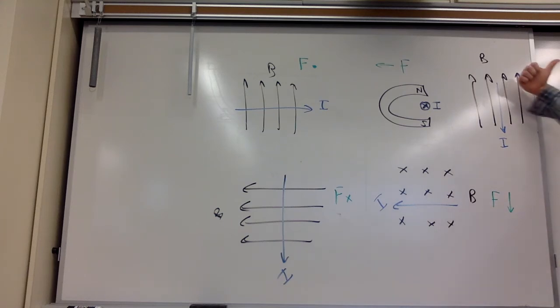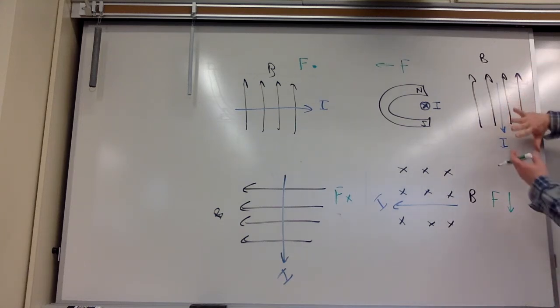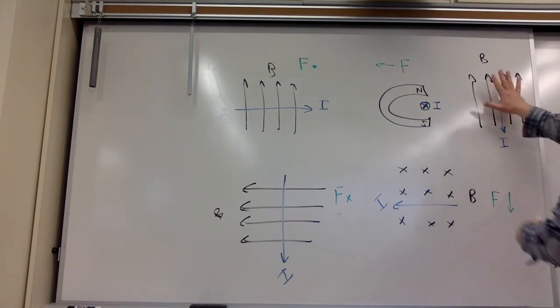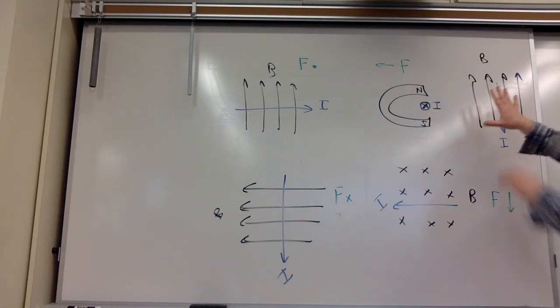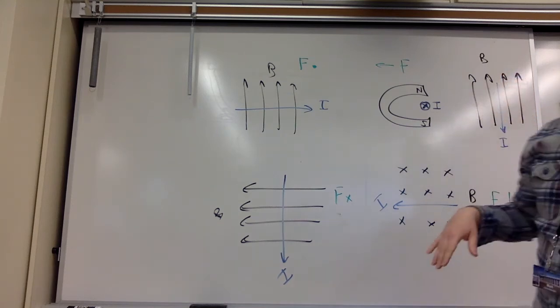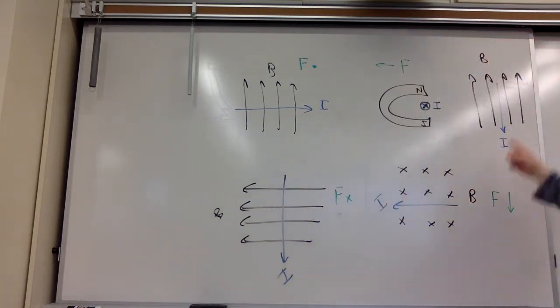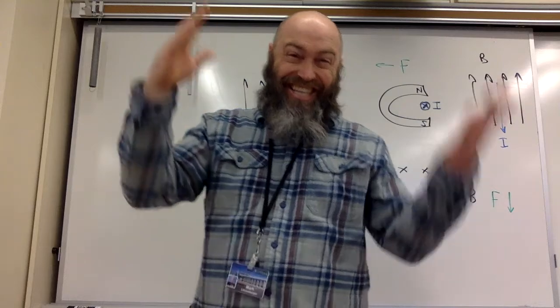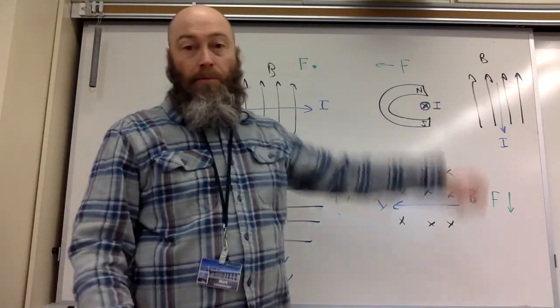And then this one, current, magnetic field, try this at home. Snap off your thumb and then put it on the, well, there's not going to be a force. This is one where the angle between B and I is 180 degrees. Sine of 180 is 0, so that one would be no force.